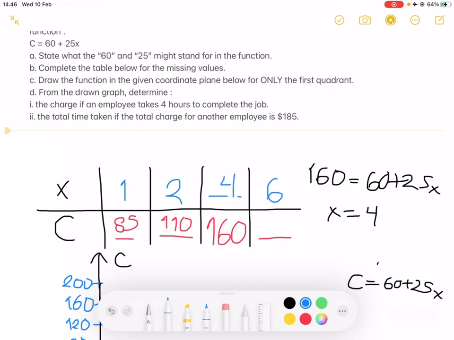So let's just fill that in. For x equals 6, you can just plug it in once again. So we have 60 plus 25 times 6, which will be 60 plus 150, which will be 210.